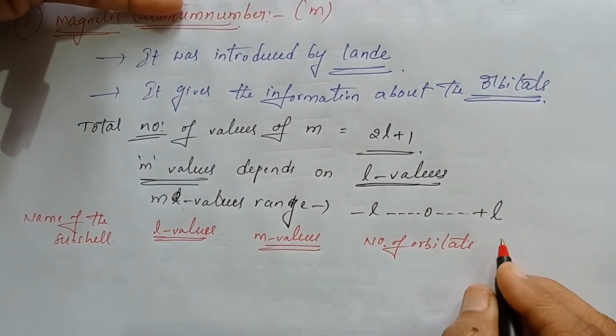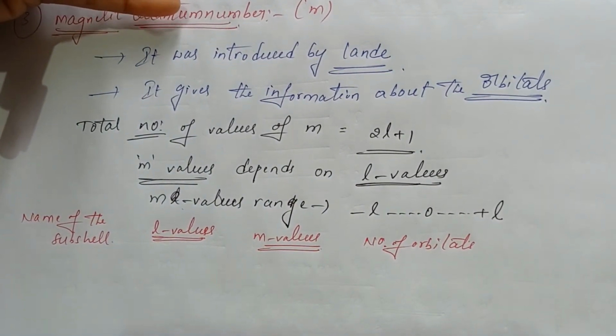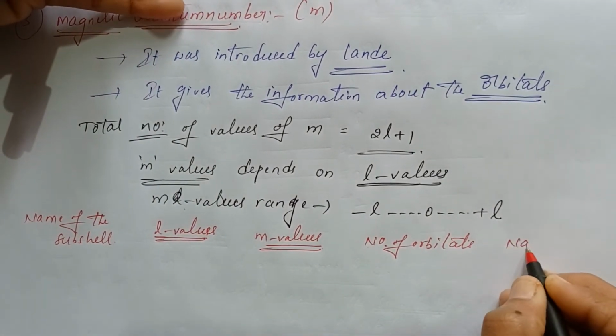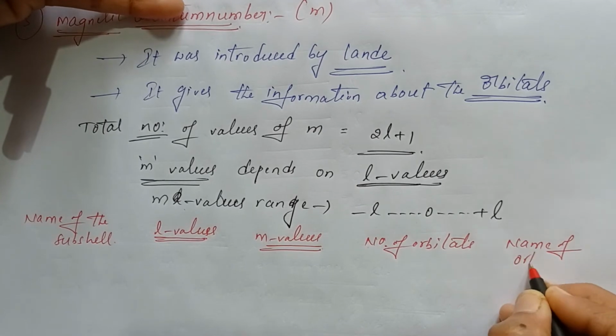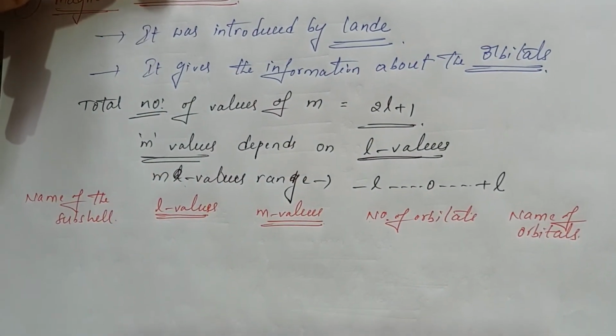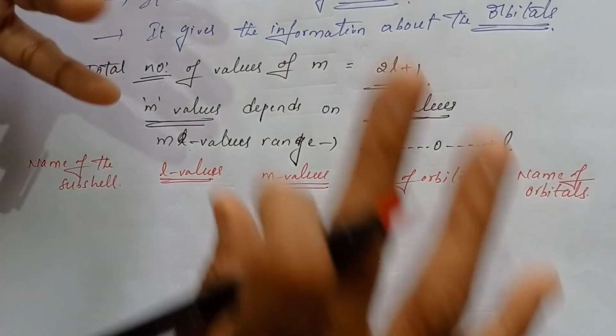Next one, name of orbitals. Total 5 columns I am taking. In these 5 columns, see here.